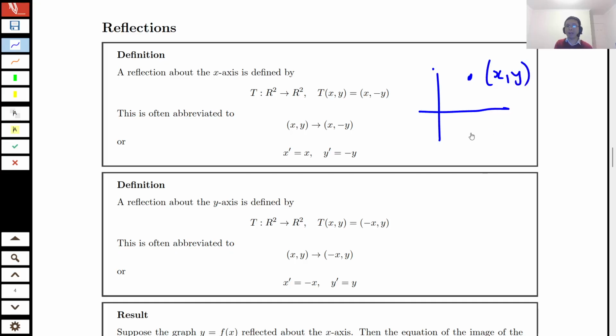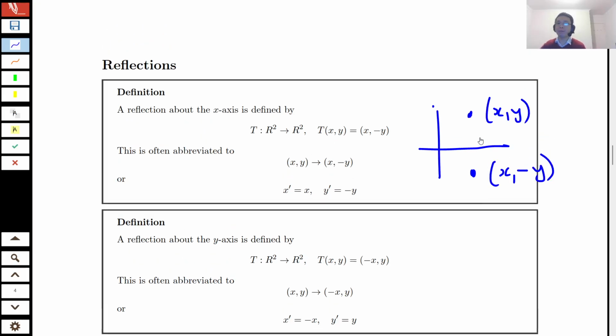If I reflect about the x-axis, that's the horizontal line here, acting as my mirror, what I want you to remember is that the x value stays the same, and the y value is flipped. It's a little bit easy to get this confused. So I reflected about the x-axis, but I didn't change the x value, I changed the y value.